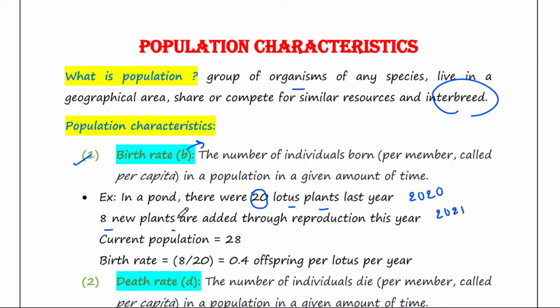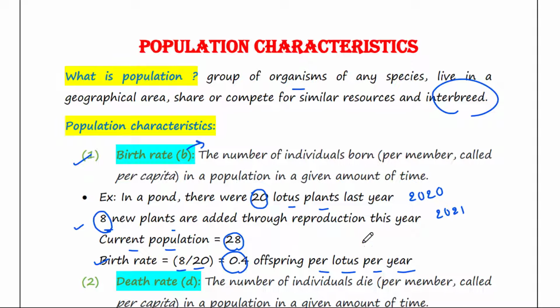So we had 20 plants, now 8 are added, so the total or current population is 28. Now birth rate is 8, the newly added, divided by 20, the number found last year, which is equal to 0.4. That means 0.4 offspring are generated per lotus per year.